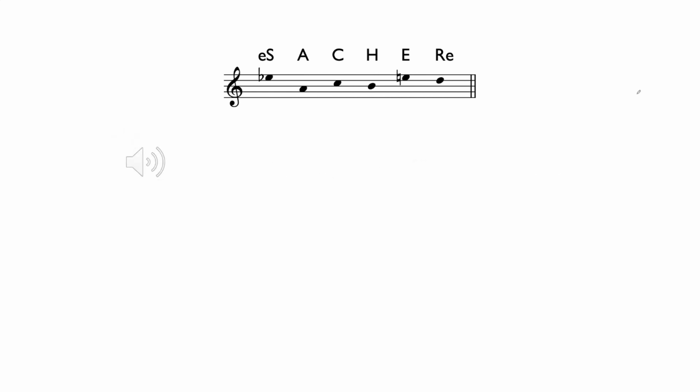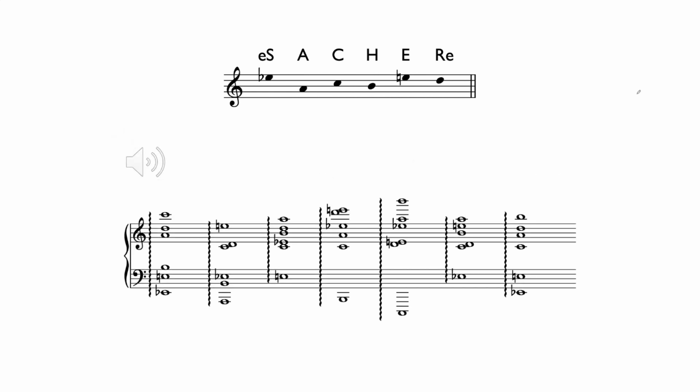The second aspect is the vertical aspect, creating chords from a pitch set. Here you see multiple chords, 7 chords. Each chord consists of 6 pitches, namely the pitches of the Zacher hexachord. Once again, the only thing I've done is change the octave register.